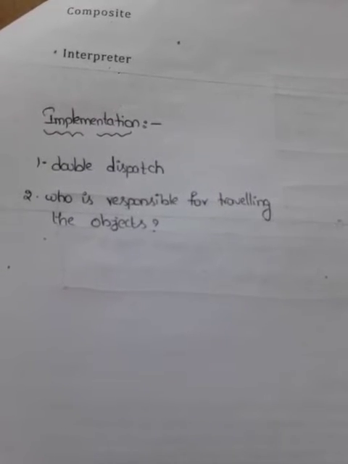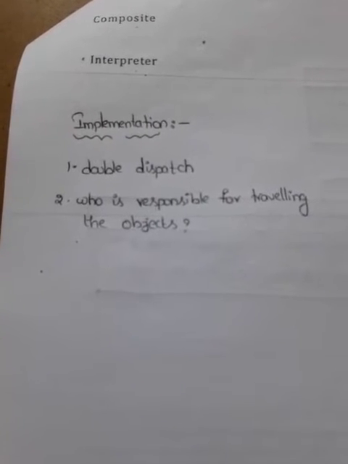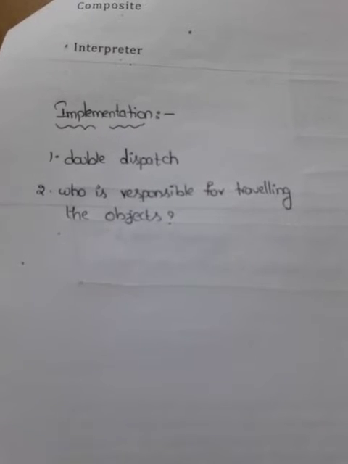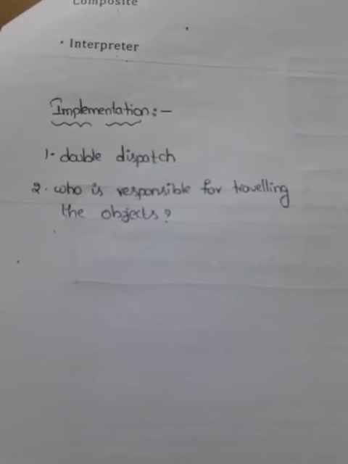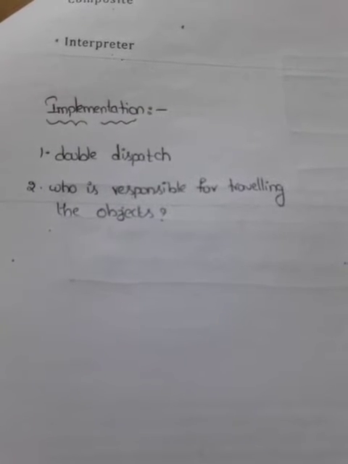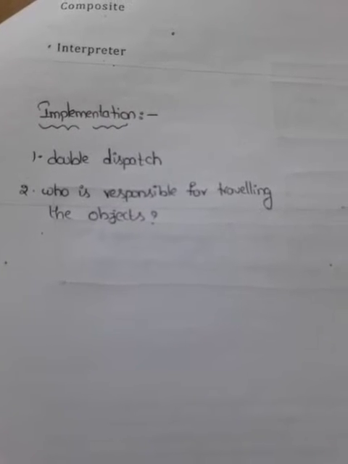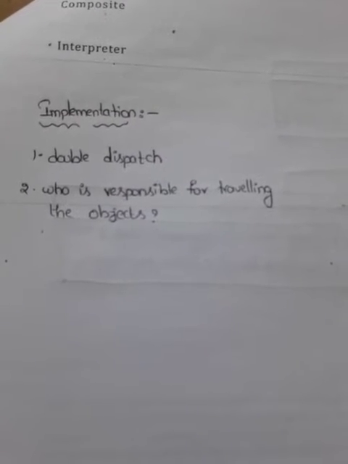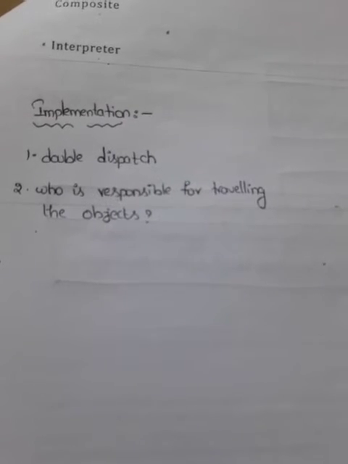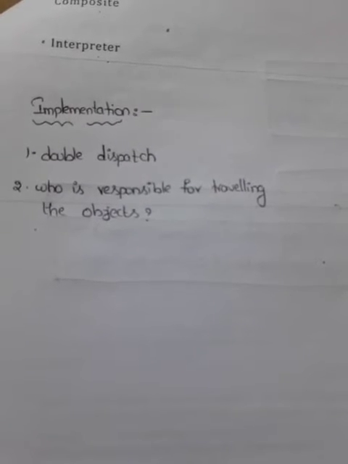This is the first one, and then coming to our next implementation issue, that is who is responsible for traversing the object structure. A visitor must visit each element of the object structure. The question is how it gets there. We can put responsibility for traversal in any of three places: in the object structure, in the visitor, or in a separate iterator object.